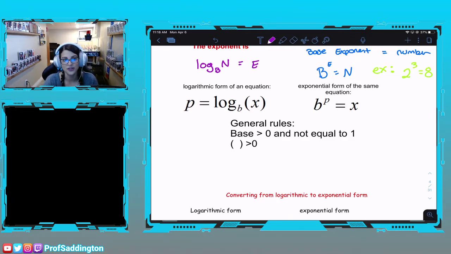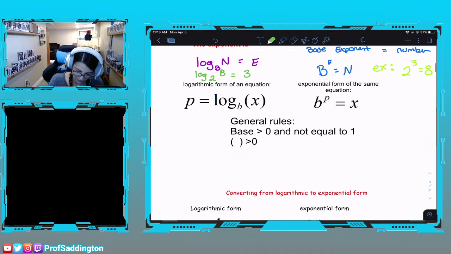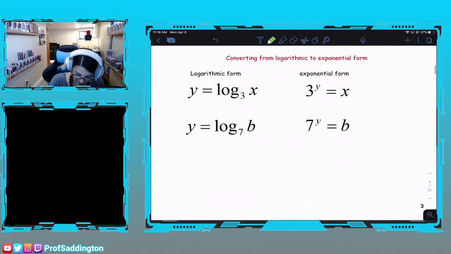If I'm using that green example that says 2 cubed equals 8, in Ben form, and I was to write this in log form, it would look like log, our base number is 2, our number is 8, equals our exponent, 3. So that's going between those two forms. I just think it's a little bit nicer to remember Ben the bunny than having to switch stuff around. So let's scooch on down.